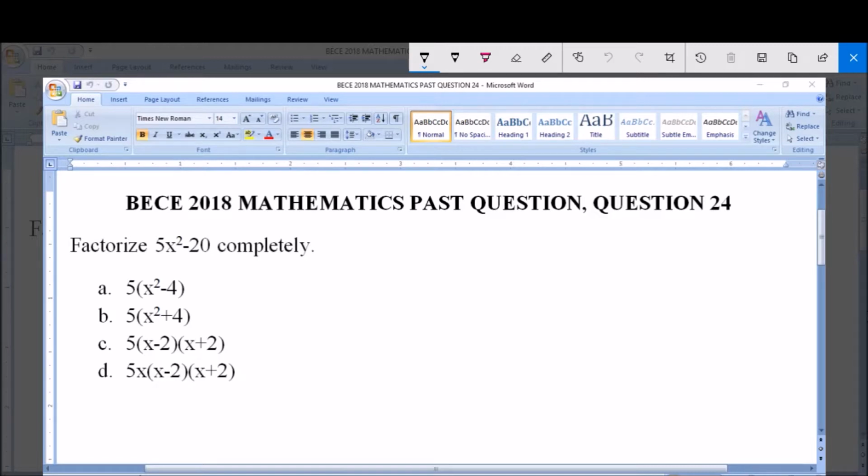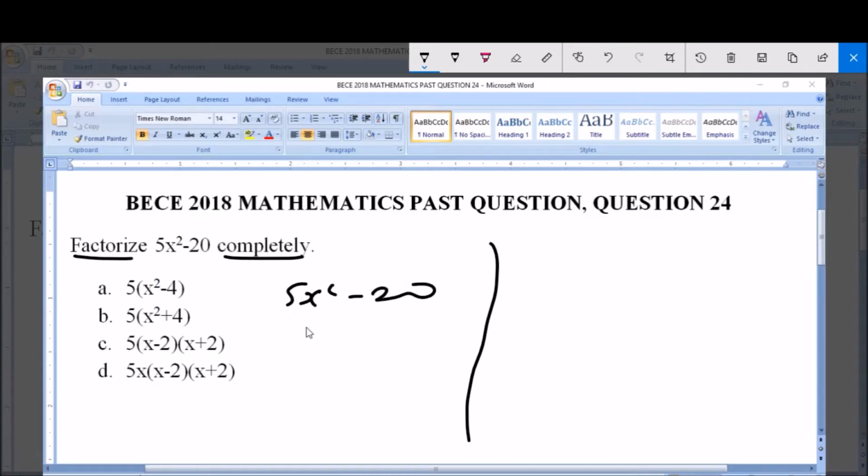So we have to simplify and we have to factorize. Now listen to the instruction. It says, factorize completely, that is to the lowest. Now we're given 5x squared minus 20.